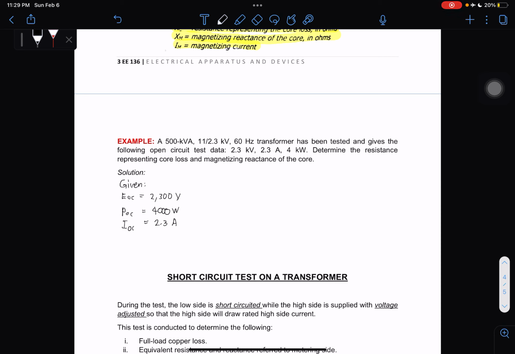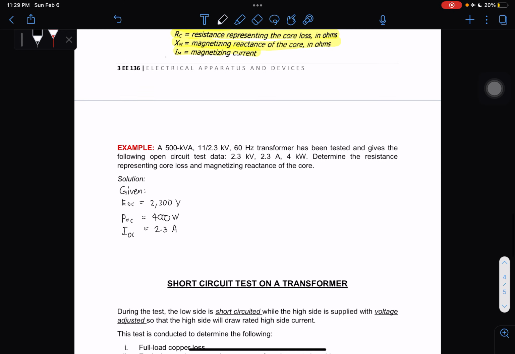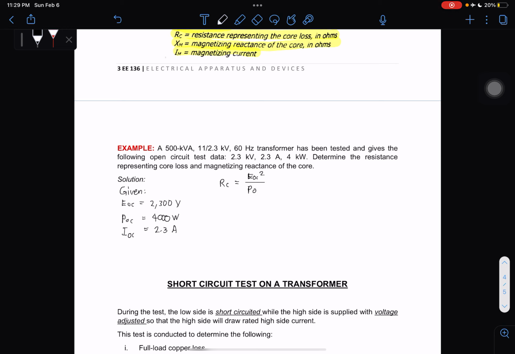So first, we need to solve for our RC. RC is the resistance representing the core loss. So RC, formula sa taas, we have EOC squared divided by POC. So we have 2,300 squared divided by 4,000 watts.